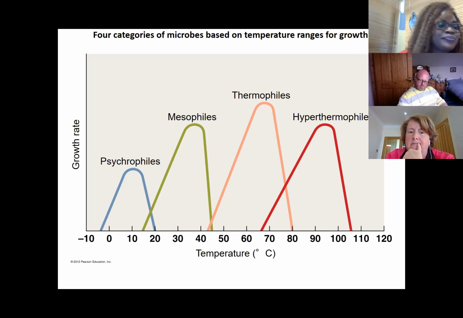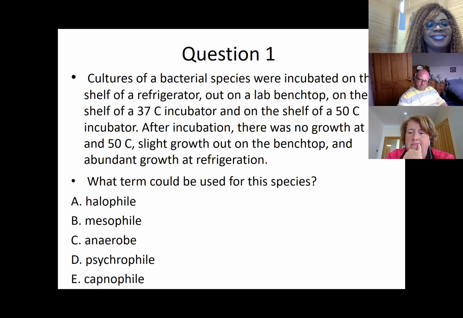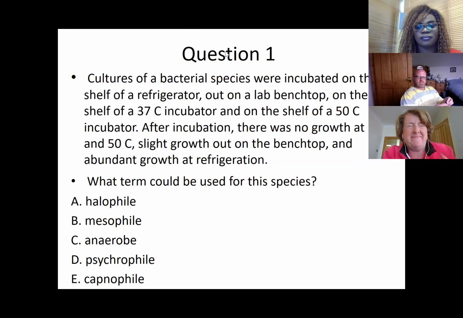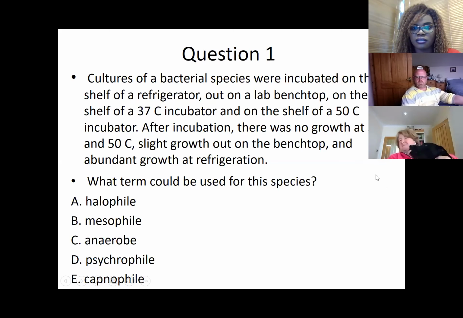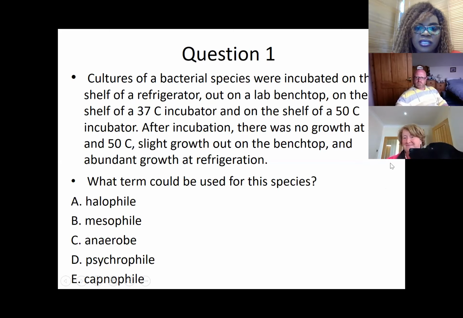So question number 1. Cultures of a bacteria species were incubated on the shelf of a refrigerator, out on a laboratory bench top, on the shelf of a 37 degrees incubator, and on the shelf of a 50 degrees centigrade incubator.